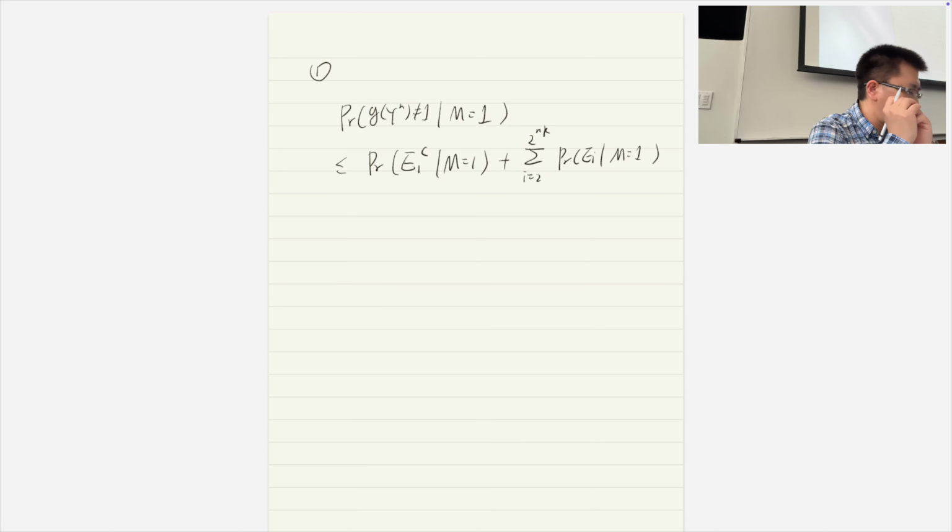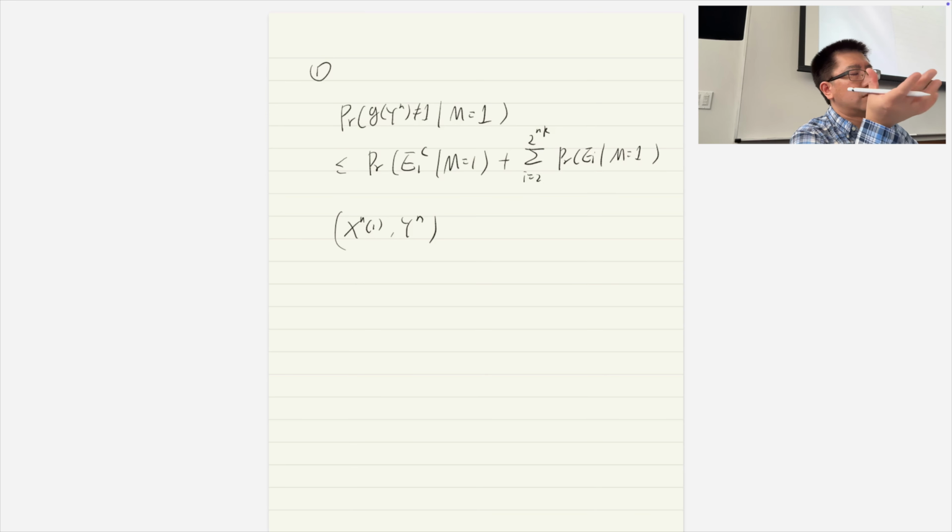Now let's see the first one. What is the probability that X_1 and Y are not jointly typical? Remember, X_1 and Y are two random variables.